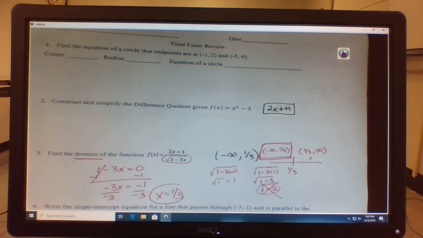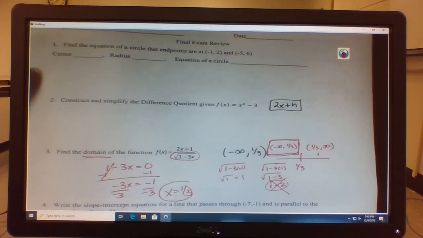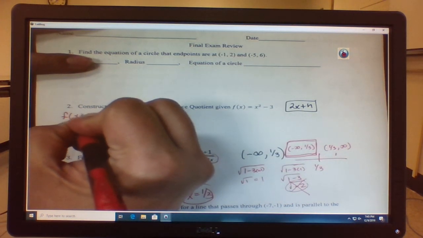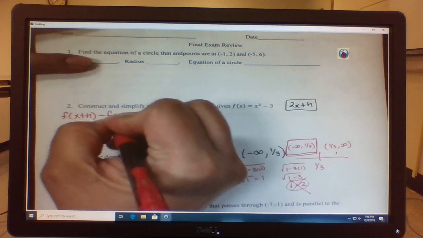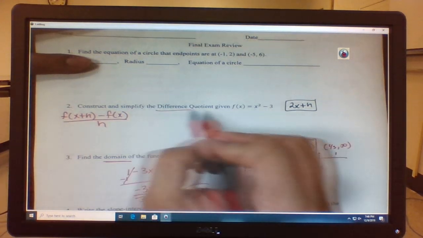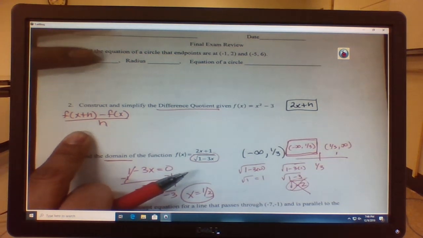Okay, now for this one, they're going to give you the formula. I got stuck on that one. I couldn't figure it out. He showed me. Okay, so this is the formula for a difference quotient. It's going to be on your test, so you don't need to memorize this one, okay?